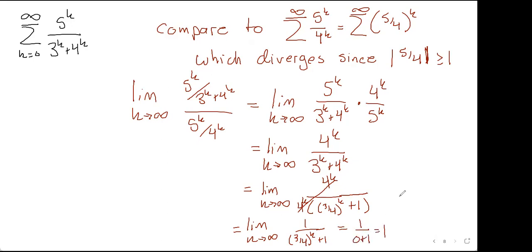And we get 1, which, since we're doing a limit comparison test, says that the original series diverges by the limit comparison test. So it turned out this is a good comparison, but this move is maybe not something you'd think of.